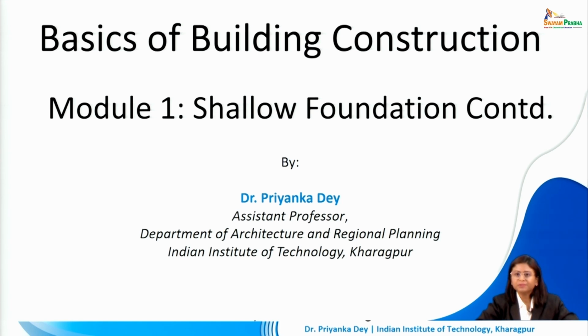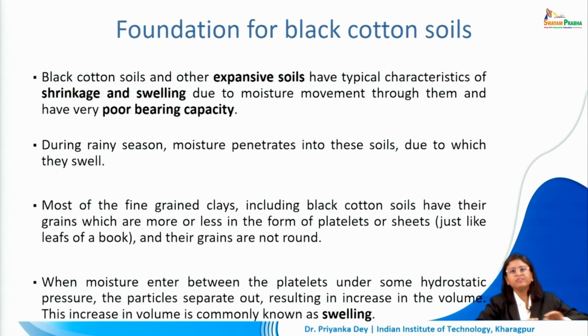So those were the subtypes we had seen, and we had discussed how they could look, what are its component parts, and in which context they are applicable. So we are today discussing again further on a specific type of foundation in a soil which is quite challenging, that is black cotton soil.